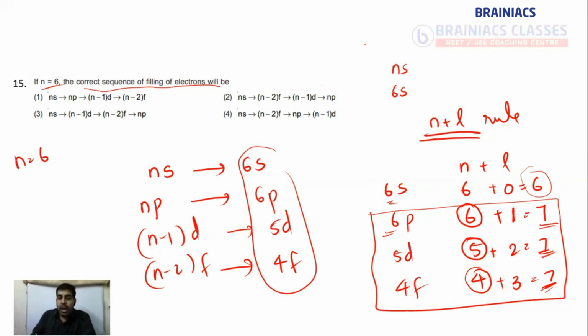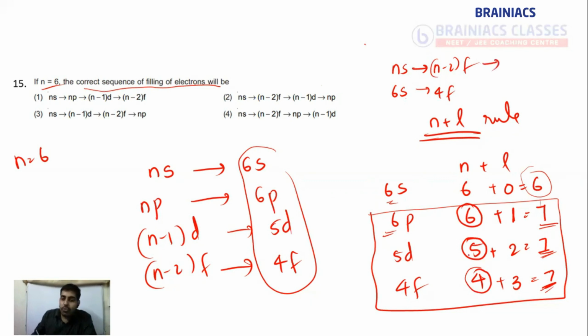So here first we have to fill 6s, then 4f, because these three have the same energy, so you have to check the n value. The n value is lowest for 4f, so it has lower energy. So 4f means (n minus 2)f.